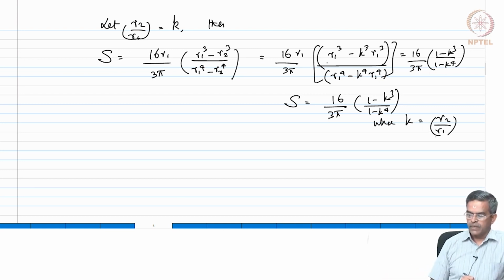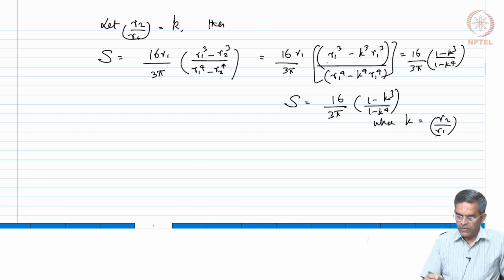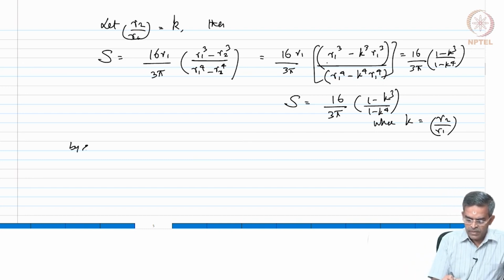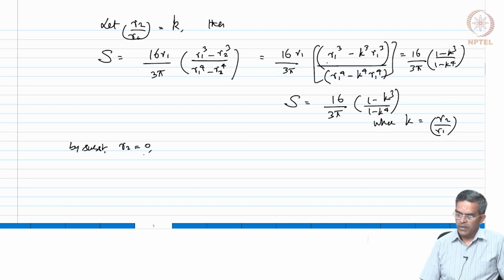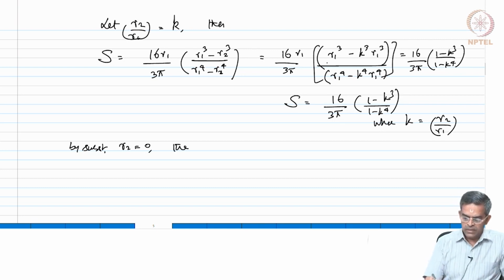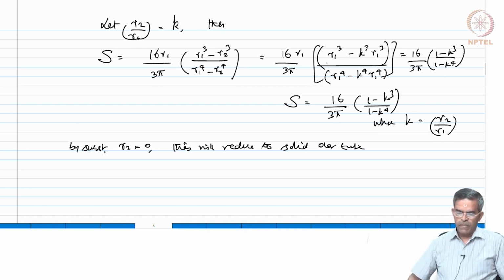Yes, interestingly friends, by substituting r2 equals 0, this will reduce to a solid circular tube, is it not?